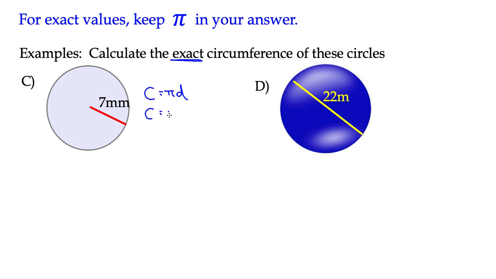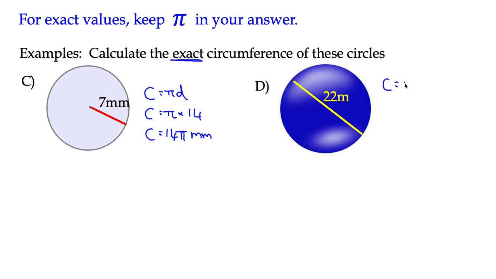In this case, I'm not going to swap in 3.14. The diameter would be double that, which is 14. So we end up with C equals 14 pi millimeters, and that would be the exact answer. We'll leave pi in, as a way of keeping it exact, and in some situations that's a useful thing.